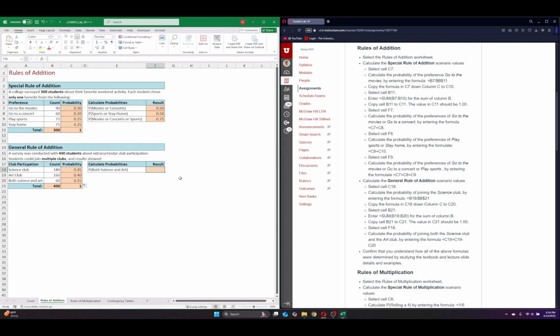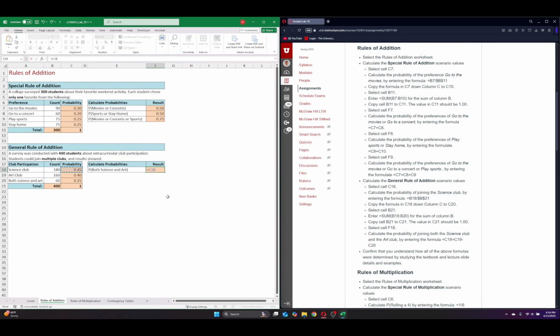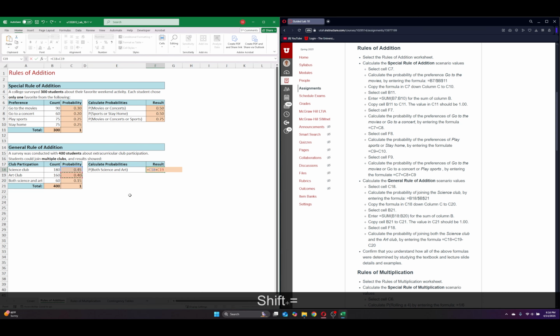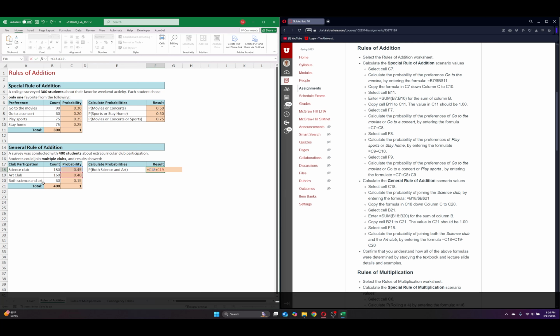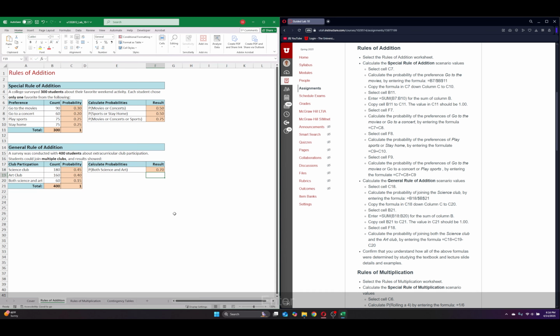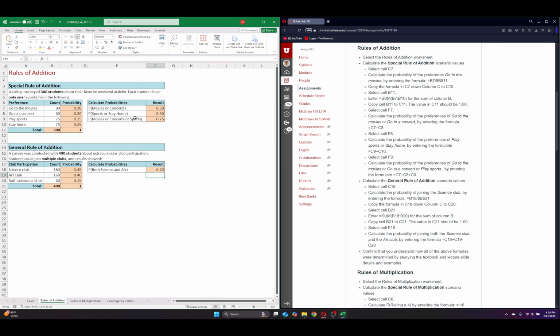So what we want to do is equals C18 plus C19, and then we want to subtract our both science and art, and this will give our resultant of 0.7 of the students will be in science or art.